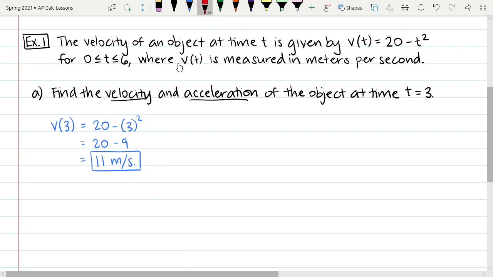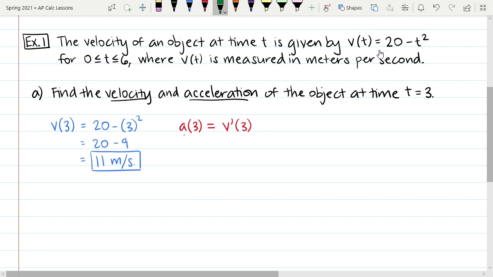Now, if I'm trying to find the acceleration at time 3, that's when we need to remember that acceleration is the derivative of velocity. So acceleration at time 3 is the same as v prime of 3. But that means in order to find v prime of 3, I first need to know the equation of v prime of t.